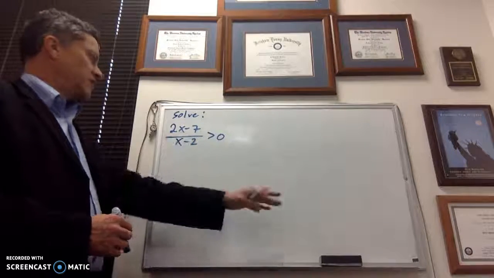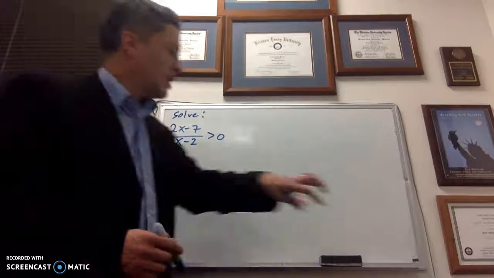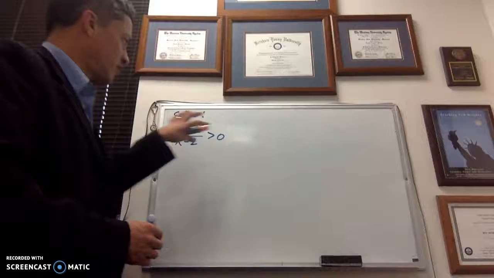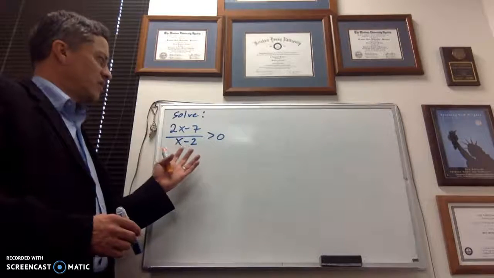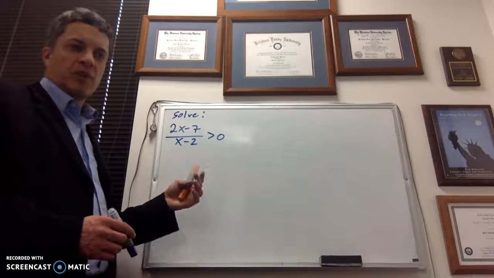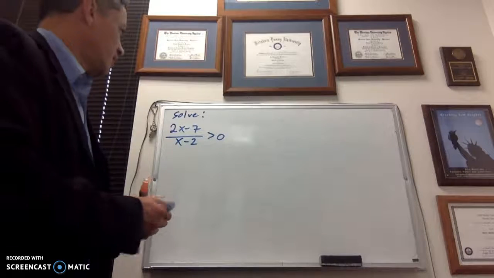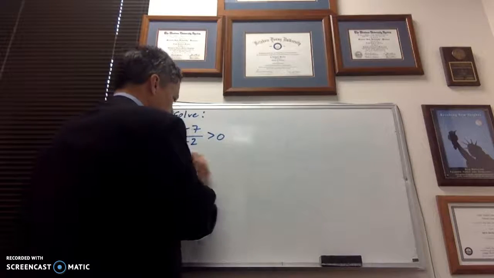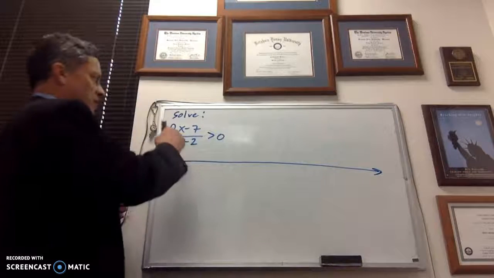So I erased this: 2x minus 7 over x minus 2 is greater than 0. It was down here, but now I've transposed it up here after I've erased the board. If you'll notice, this is very typical of a starting point that you would have seen in, I think, part 1 of this series, where I put a number line down and look at the tipping points now.